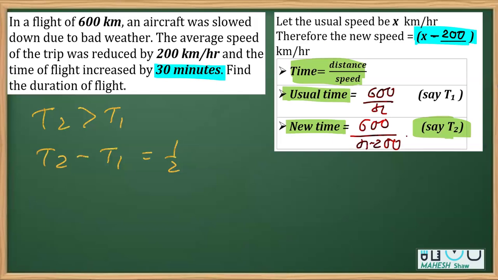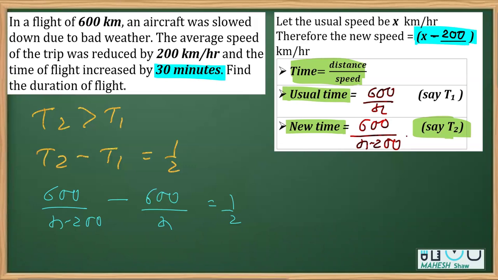I can see what is T1 here. T1 is 600 over x minus 200 minus T2, which is 600 over x only, that is equal to half an hour.